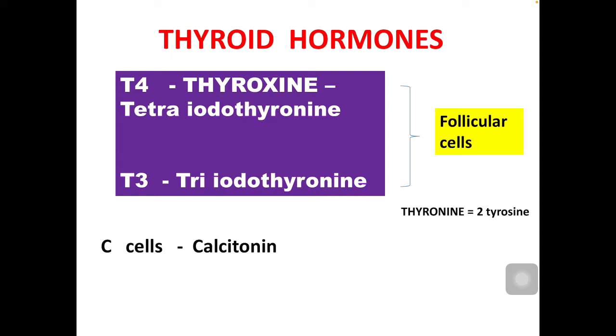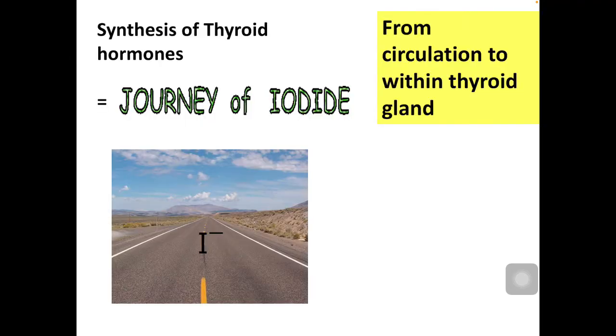Calcitonin is related to regulation of calcium metabolism in the body, and it is a bit different from thyroxine and triiodothyronine, that is T3 and T4. So calcitonin will be taken up along with calcium metabolism. Here we are only going to look at T3 and T4, which are mainly known as thyroid hormones.